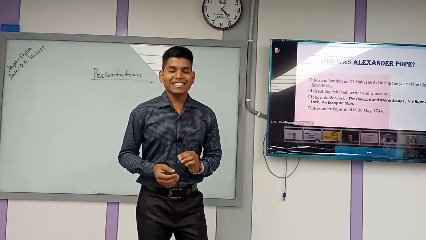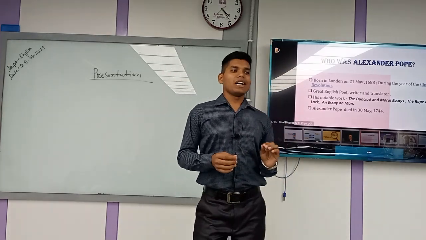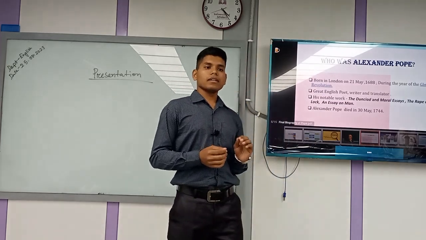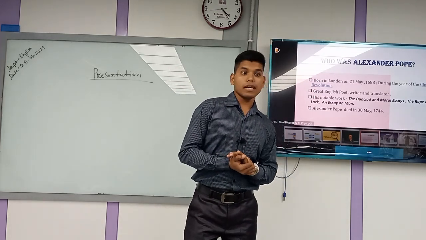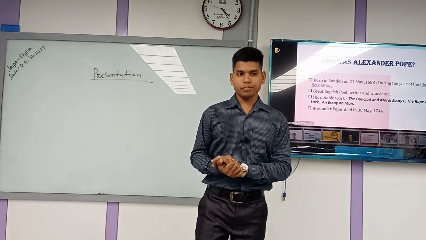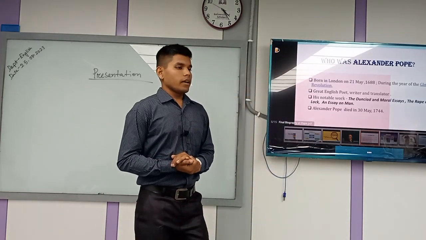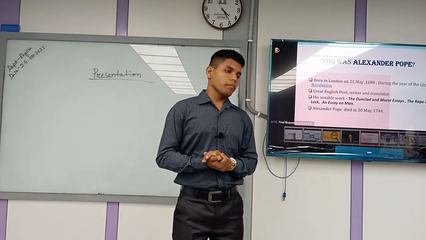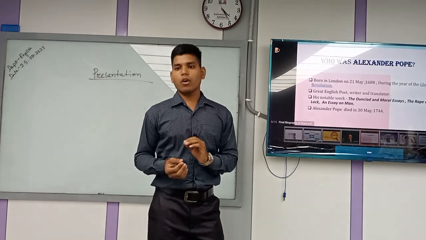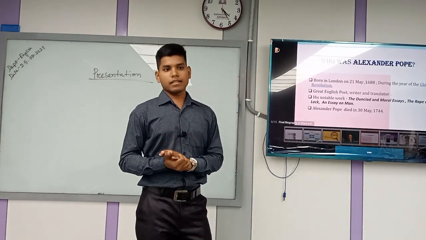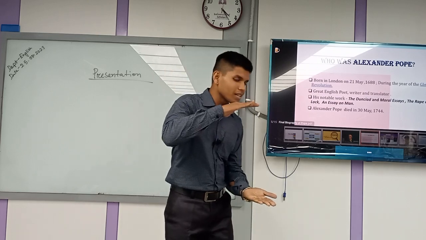He was a great English poet and satirist, born in London on 21st May 1688 in a Roman Catholic family. In his childhood, there was a pathetic moment because he suffered from a traumatic syndrome that made him disabled and stopped his height at only 4 feet 6 inches.